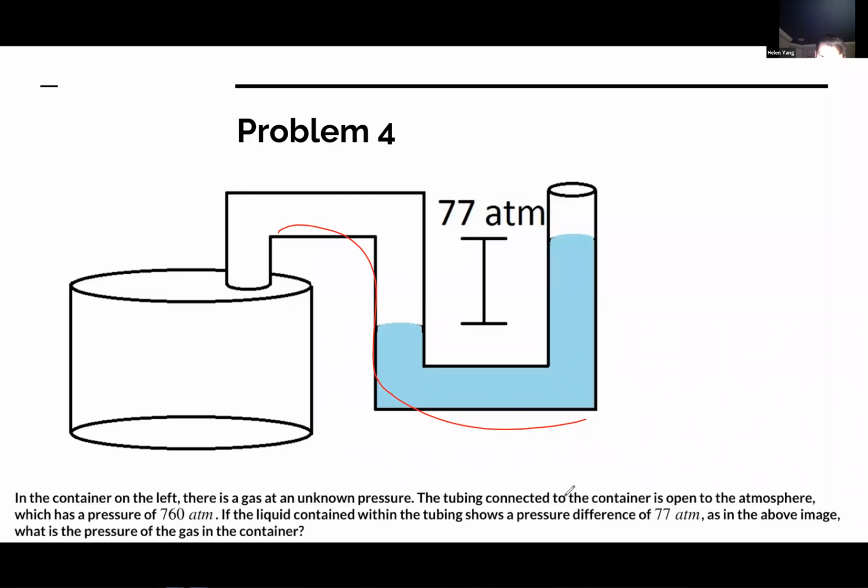So since the water, if you put a force down, the water would go in there. So there's a pressure that's acting on the water, stopping it. And since you know the open to atmosphere pressure is 760 atm and the difference over here is 77 atm, you just add them together. It would be 837 atm.